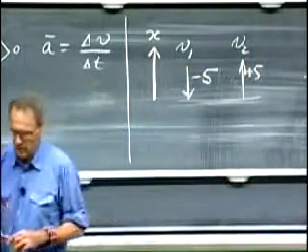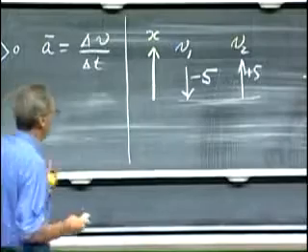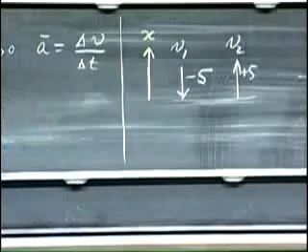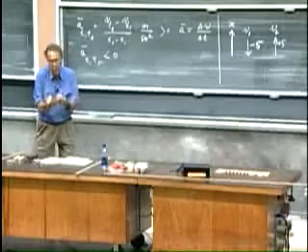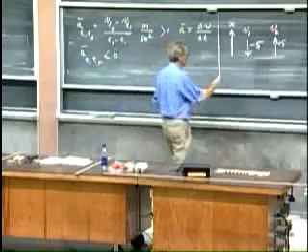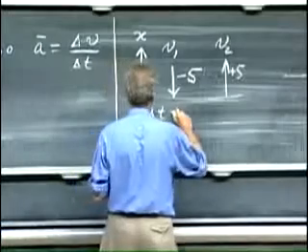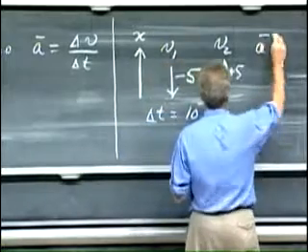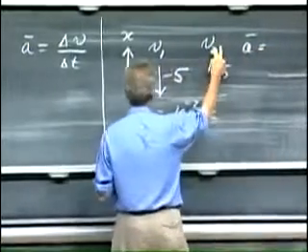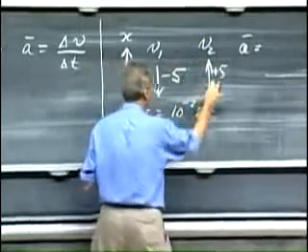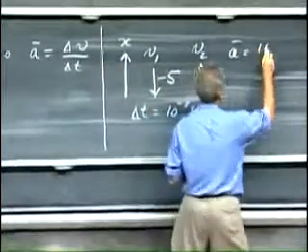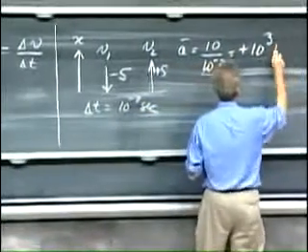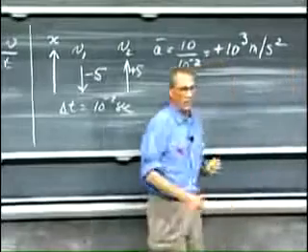So what now is the average acceleration? Well, I would have to know the time that it takes for this change in direction. In other words, we call that the impact time. I would say in this case the impact time delta t is probably about a hundredth of a second. And so my average acceleration would be v2 minus v1, that is plus 5 minus minus 5, that is 10, divided by 10 to the minus 2, and that is plus 1,000 meters per second squared.